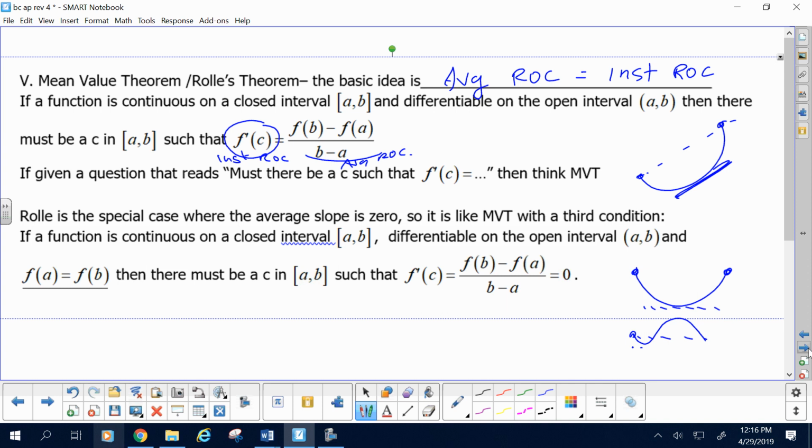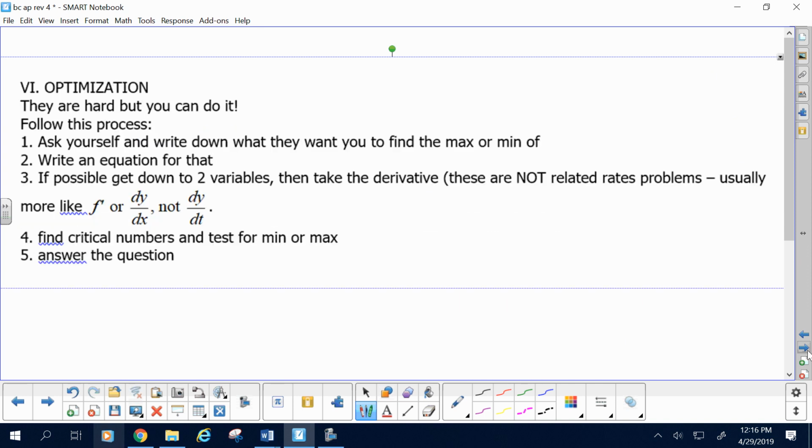But for Rolle's, it's also got the extra condition that the endpoint y's are the same, so that the average slope is 0. Right? If you didn't say Rolle's, if you just said MVT, you'd be fine. No problem. Okay? All right.